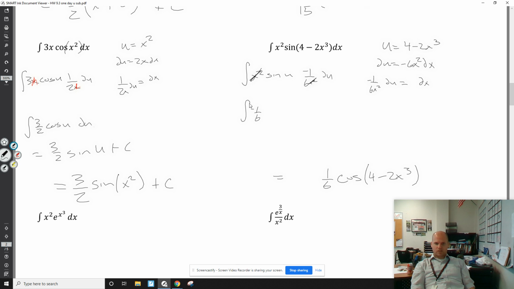And I get negative 1/6 sine u. The antiderivative of sine is negative cosine. Negative sine's derivative is going to be positive cosine, so I was right. Positive 1/6 cosine u. When you take the antiderivative, the du goes away. It's like I took the antiderivative of this with respect to u. It's gone. And boom.